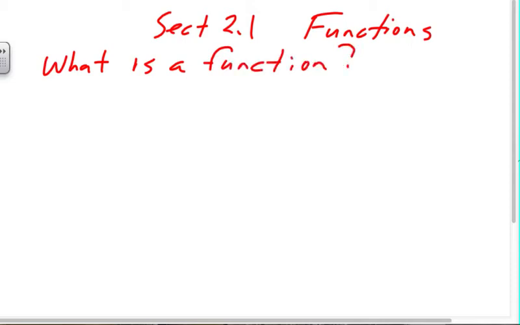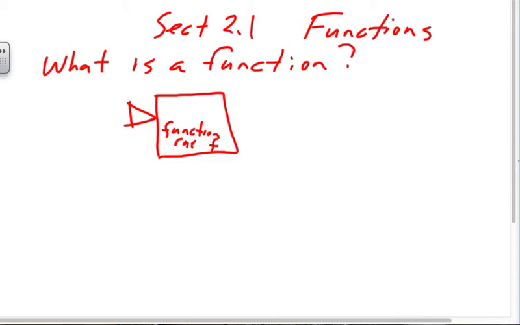Think of it as being like a machine. All right? I've got a machine here. This is my function rule, which is f. All right?